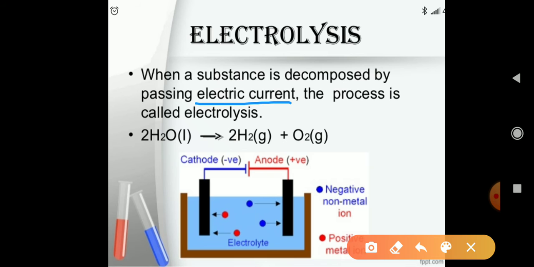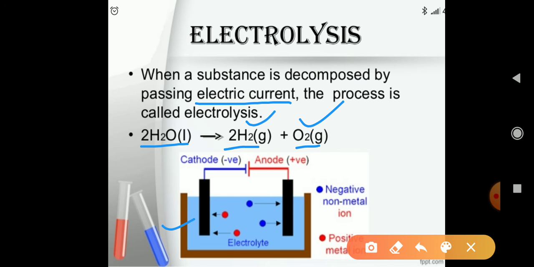An example is water gives H2 plus O2. A single reactant, water, is converted into two products, H2 and O2. This is done in an electrolytic cell, the container.